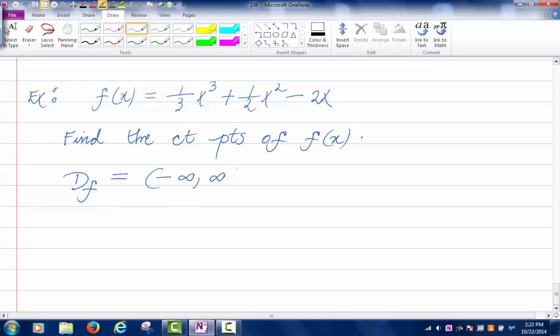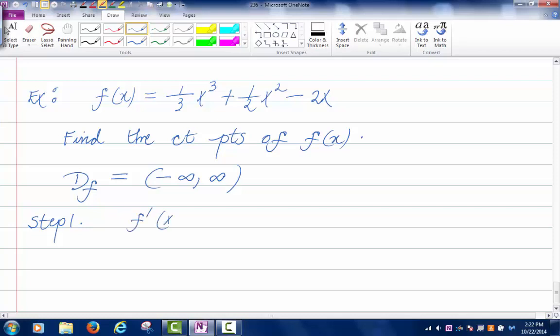Negative infinity to positive infinity, because it's a polynomial function, right? Okay, now, how would I find the critical points? Well, step number 1 in finding critical points is that you need to find the derivative of the function.